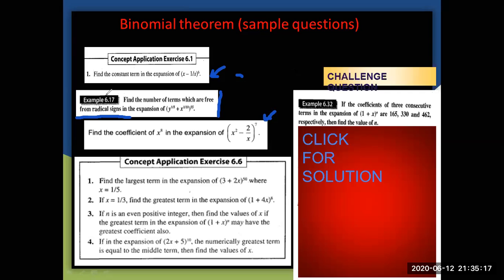Basically, in the question, the radical sign means that the under root has to just cancel off. So if it's to the power of 5, then it cancels off.